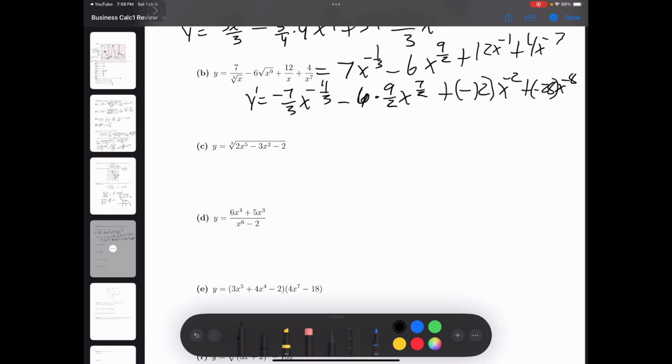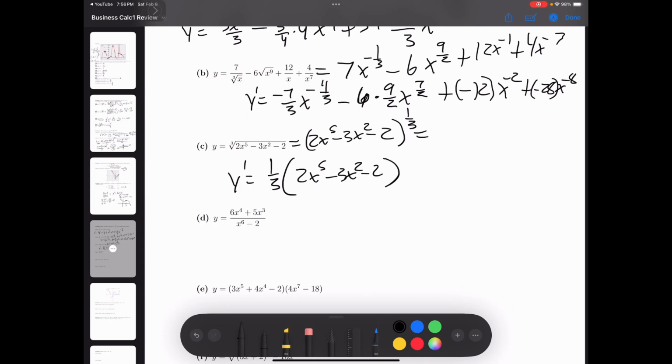The derivative of c here, c is (2x to the 5th minus 3x squared minus 2) to the 1/3. Here I can use the chain rule, and I can say the derivative of the outside, so y prime is equal to 1/3 times the inside, 2x to the 5th minus 3x squared minus 2, to the, when we have something to the 1/3, we subtract 1 and we get negative 2/3.